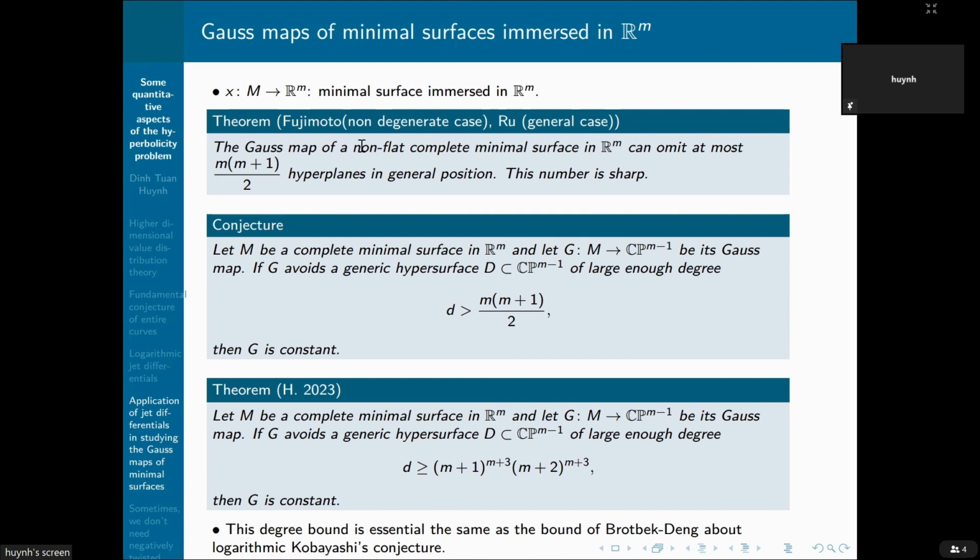In this view, it's very natural to ask whether we can replace families of hyperplanes by only one hypersurface.